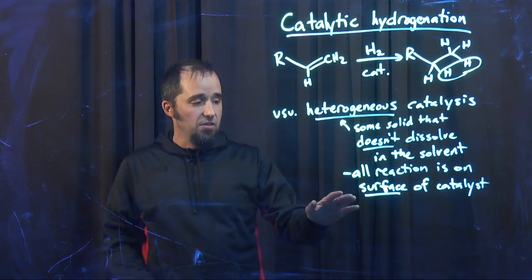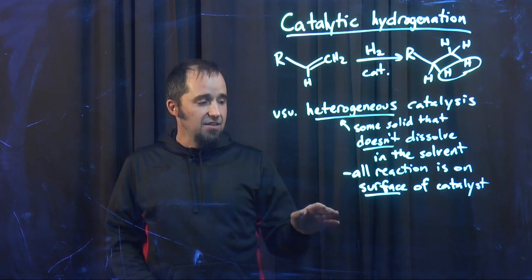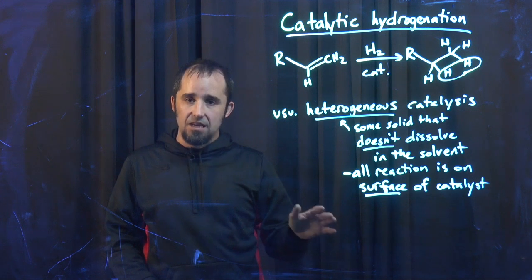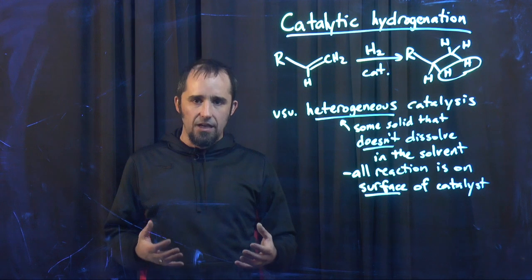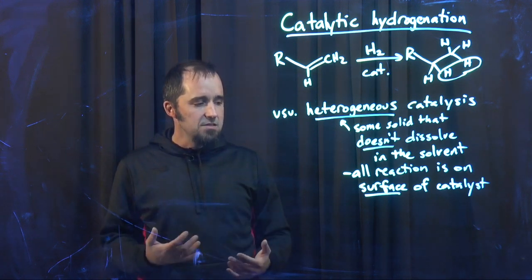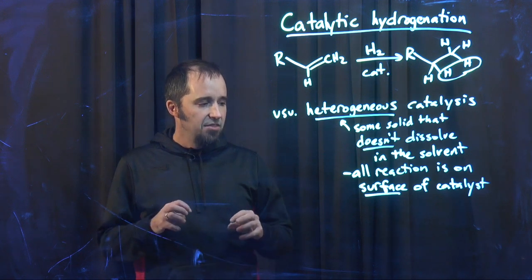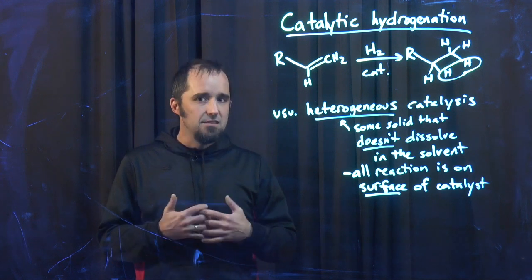A good example of this is a catalytic converter in a car. If you've had a chance to look at a car's catalytic converter, it essentially looks like a brick, literally a porous ceramic-y brick. The reason they do that is because the surface is coated with some really expensive metals, right?